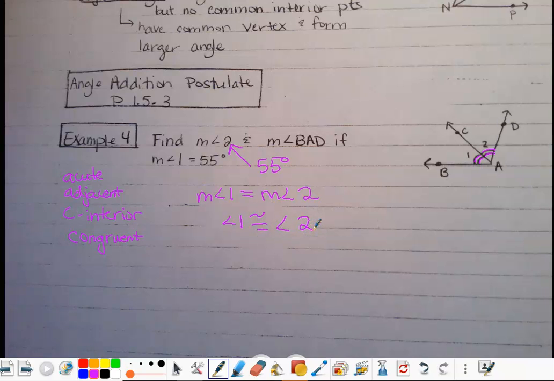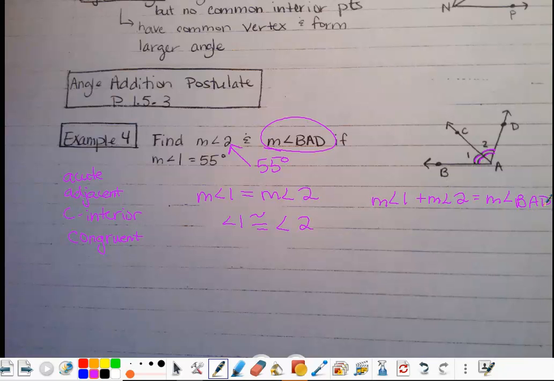This is just math speak, for us to get practice in math speak. But the ultimate question: how do we find the measure of angle BAD? We add them together. The measure of angle 1 plus the measure of angle 2 is going to give me the measure of angle BAD.